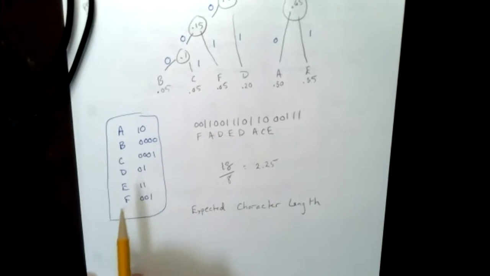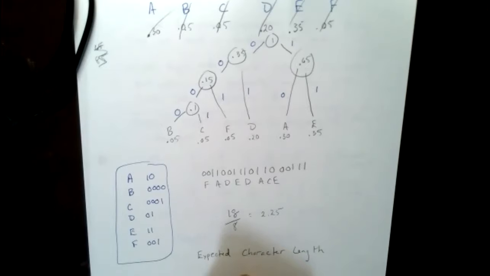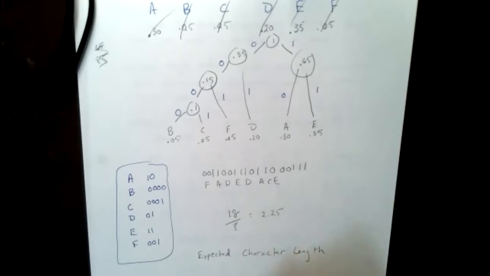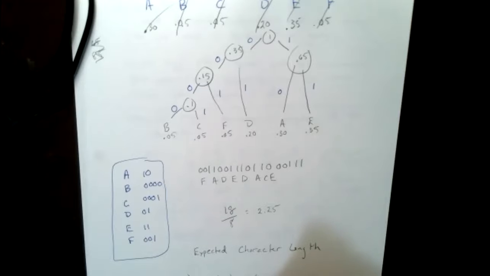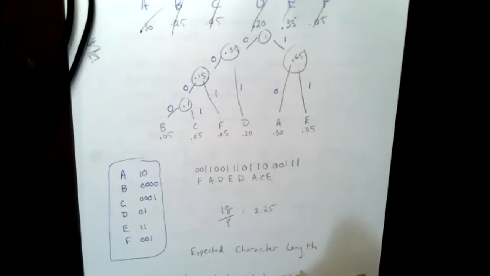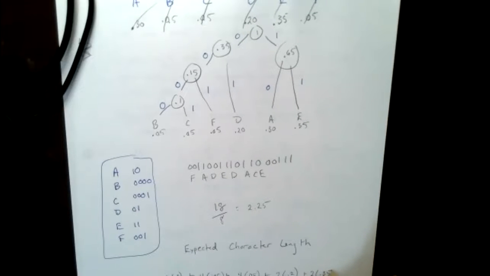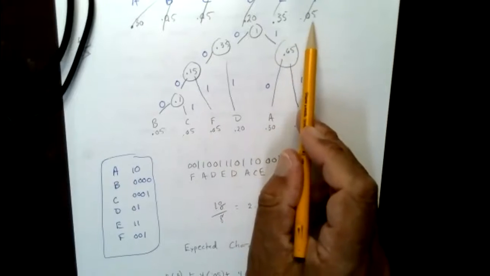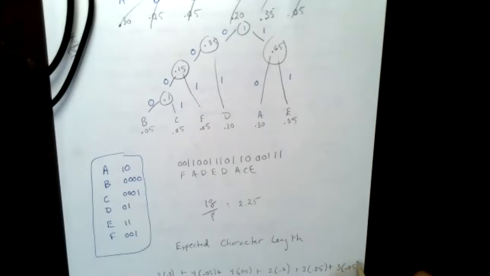Well, let's see. I have an A, 2 times 0.3, plus a B, 4 times 0.05, plus a C, 4 times 0.05, D, 2 times 0.2, E, 2 times 0.35, and F, 3 times 0.05.